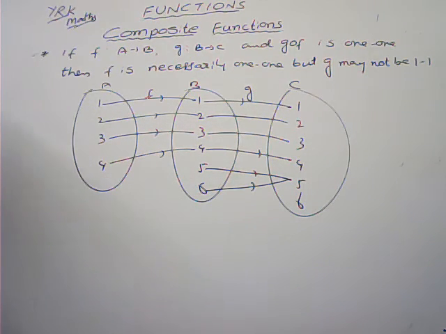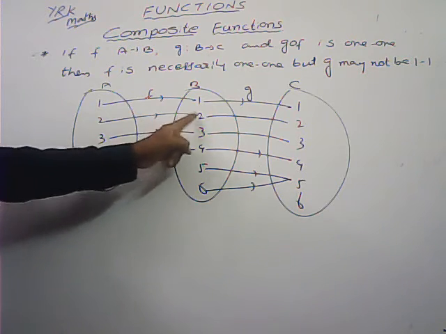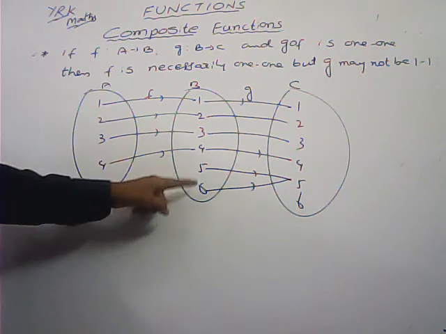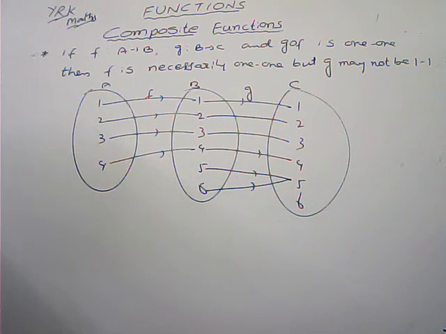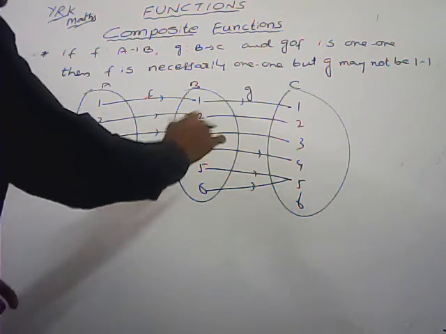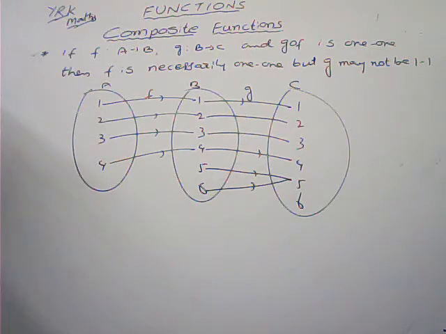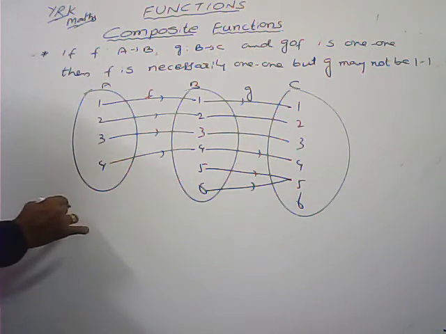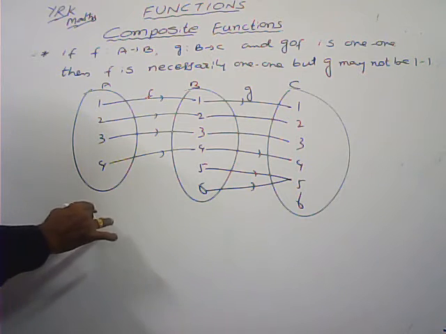Now here you can observe F is 1-1, but what about G? At least 2 elements have the same image. This is not 1-1. This one we say many to 1. F is 1-1, G may not be 1-1. Here G is not 1-1. Now here we can write G circle F.